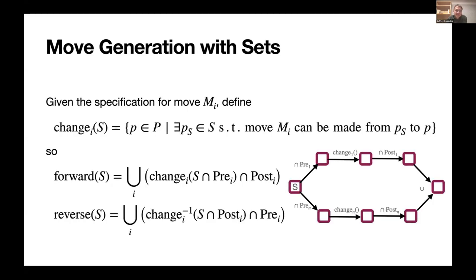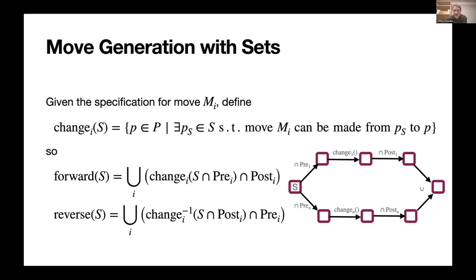Given these specifications for moves, we can specify a change function that applies these moves to a set and gives us all the positions that we can move to from positions in that set using that move, and then roll that up into all the moves for a given set, where all the positions in that set can move to in the forward basis, or we can derive it in the reverse basis for a reverse move generator, which we use in solving.